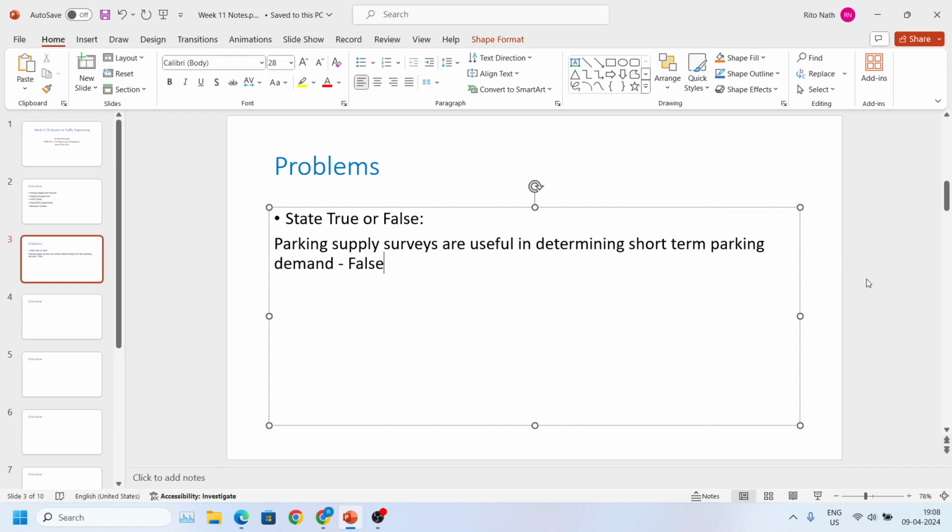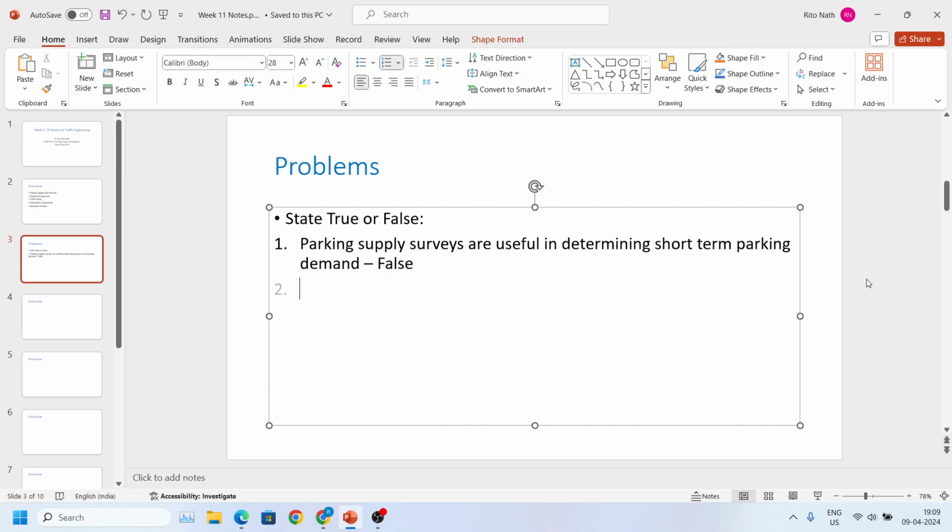Next, let me see whether to solve another problem of this kind or directly move to the numerical. Yeah, let's solve one more of this.